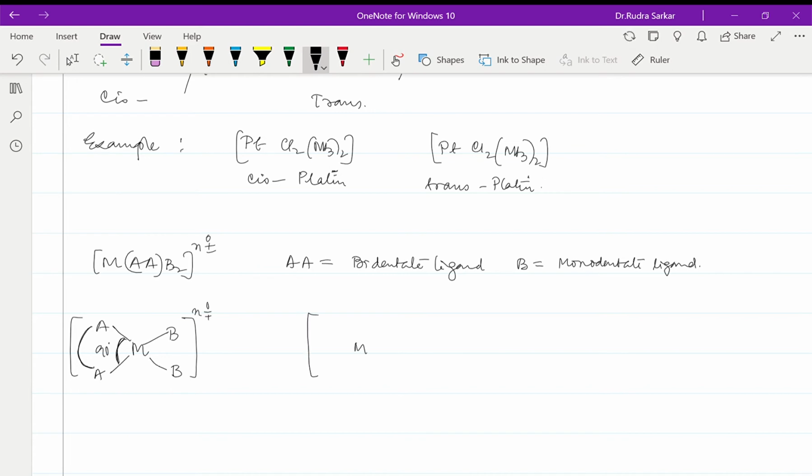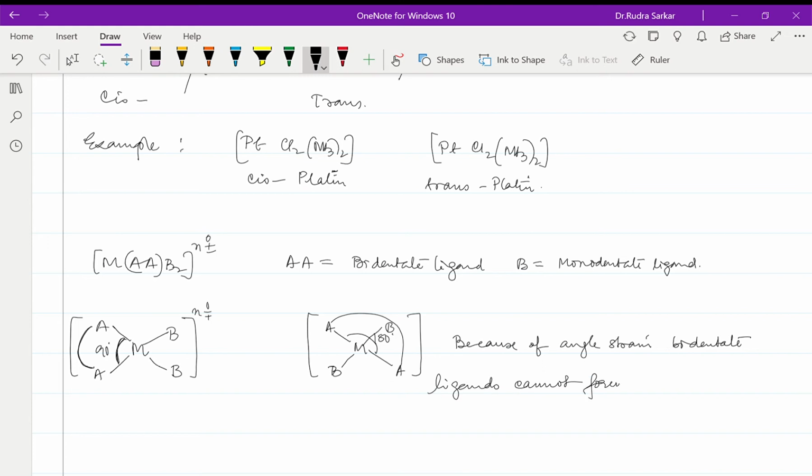However, if you wanted the AMA angle to be 180, okay, that means something like that, then we will say because of angle strain, bidentate ligands cannot form three-membered rings.